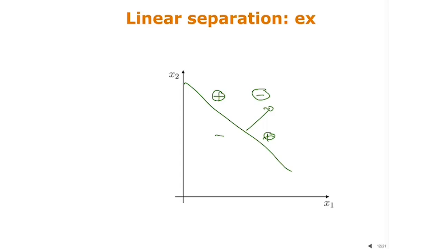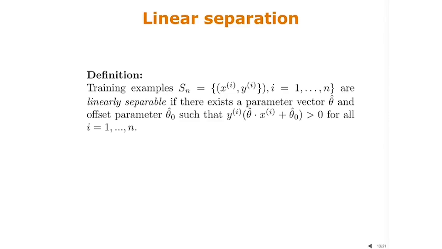So, a little bit more formally, the training examples are said to be linearly separable if there exists a linear classifier that correctly classifies those training points. Put another way, if there exist parameter vectors theta hat and scalar parameter theta naught hat, such that this linear function, its sign agrees with the given label.